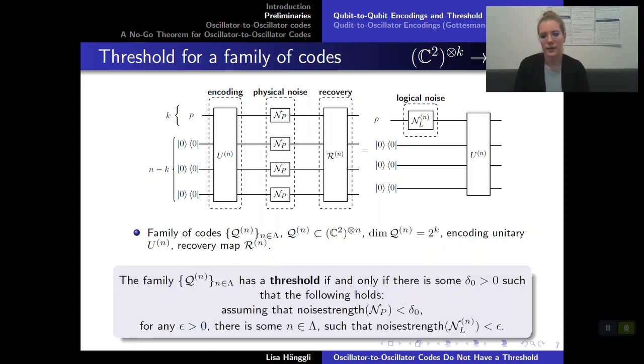And so now we say that such a family has a threshold if we can make the logical noise strength arbitrarily small by adjusting the parameter n, given that the physical noise strength was below some threshold value delta_0 bigger than 0.